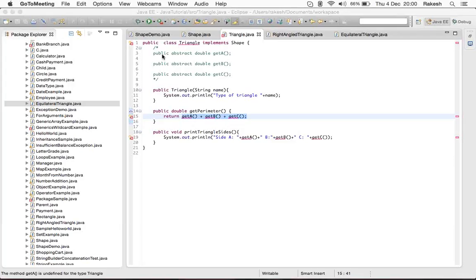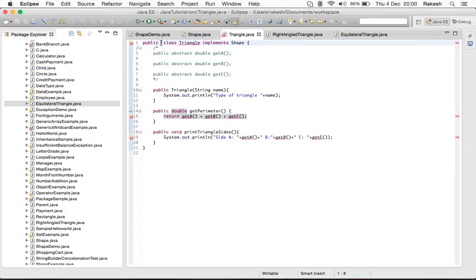So if a class is unable to fulfill a contract, then you need to mark that class as abstract. A class can also be abstract.